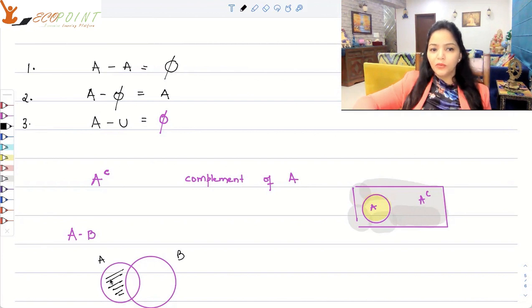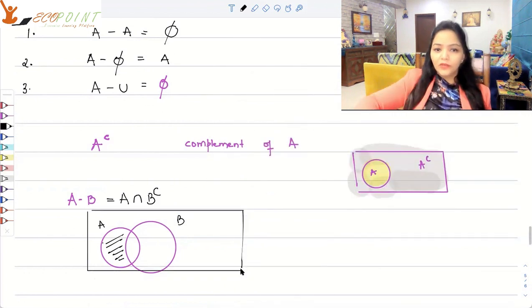Only A. If you may notice what is happening here, you can also say that A minus B is essentially the intersection of A with B complement. Because whatever you have in B, if you exclude that, that gives you B complement. What I'm trying to say here is that if you exclude this circle of B, all this gray part is B complement.